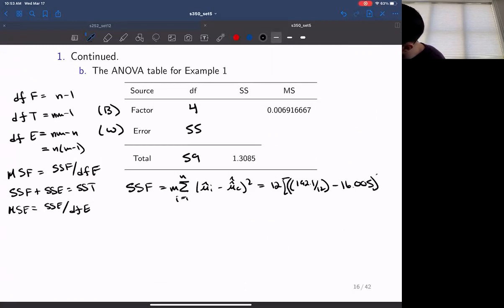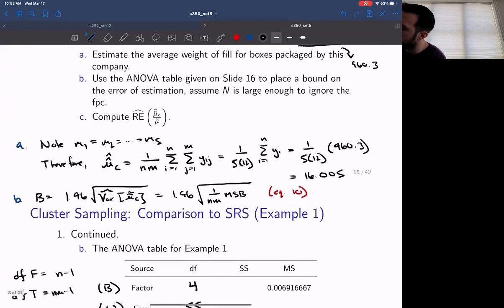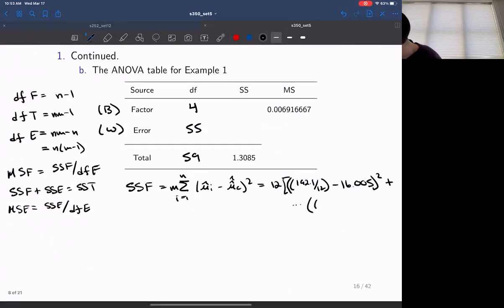Okay, and then this thing would be squared. And then we would do this for all the calculations. So then we would end up with the fifth one, which is 191.3 minus 16.005. That would be squared, right?